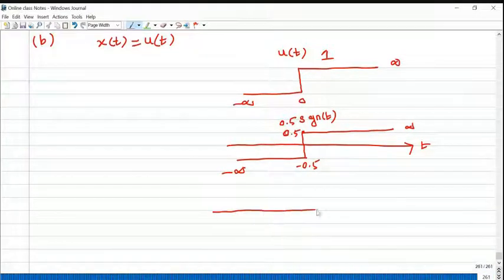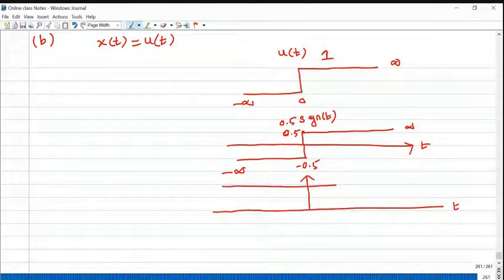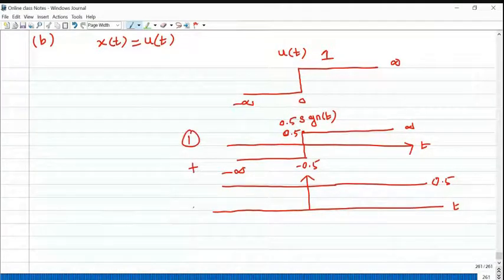From this signal, I want u of t. For that purpose, I'm going to add a DC value of 0.5. Now add these two signals, signal 1 plus signal 2.